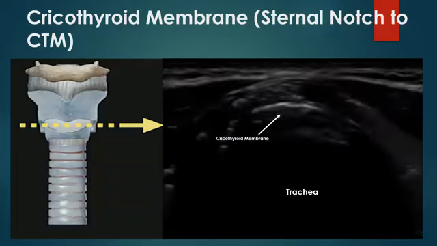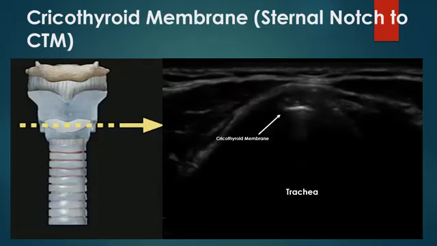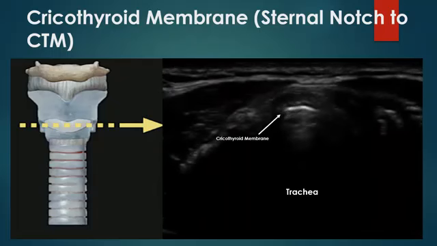The cricothyroid membrane is seen on the transverse view as a hyperechoic strip line sandwiched between the cricoid and the thyroid cartilage. What you can see here is you're starting to see a little bit of the thyroid cartilage right here, with a little bit of reverberation artifact.